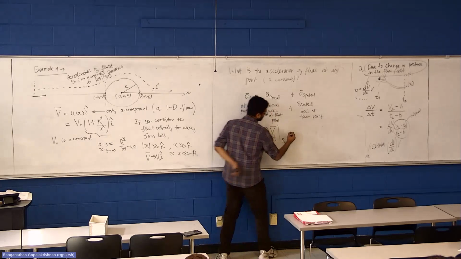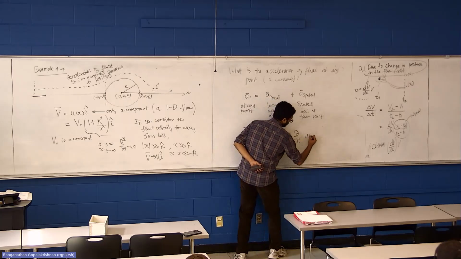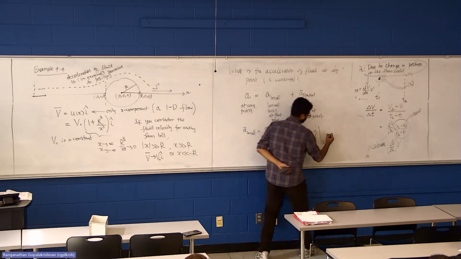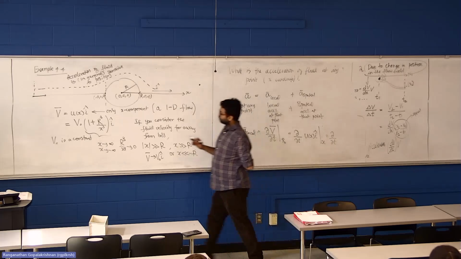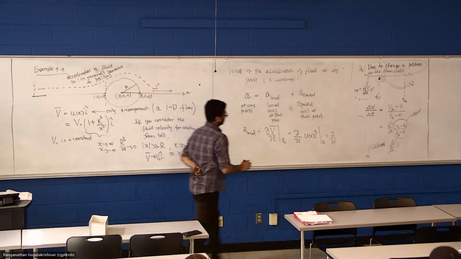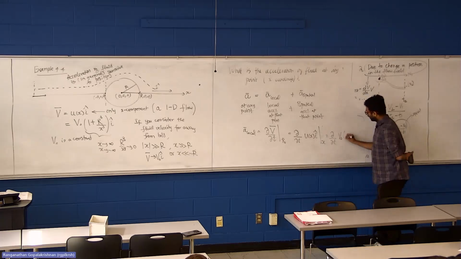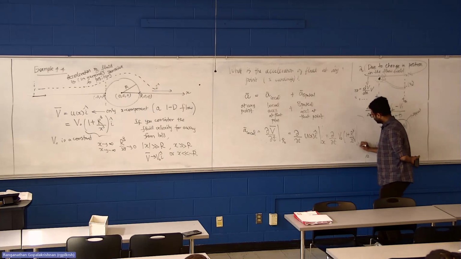In this case, it is the derivative of u of x I cap at any value of x with respect to time. What is u of x I cap? V naught times 1 plus r cube over x cube at a particular value of x.